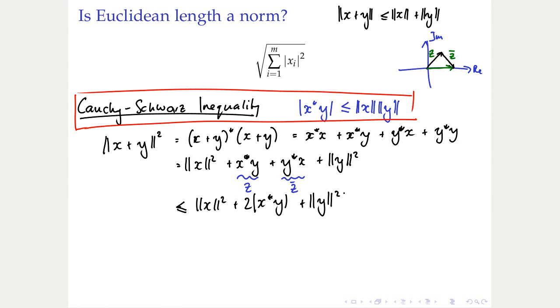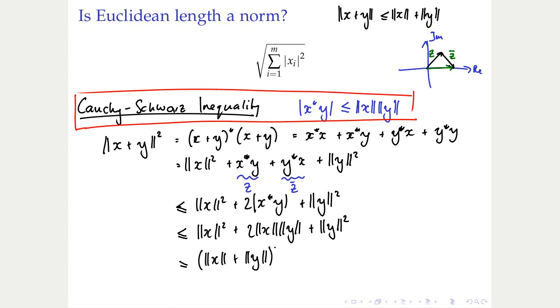Now we use our Cauchy-Schwarz inequality, which in turn is less than or equal to norm of x squared plus twice norm x norm y plus the norm of y squared. Great. And that is just simply equal to norm x plus norm y all squared. So finally all we have to do is to take the square root and we're done.